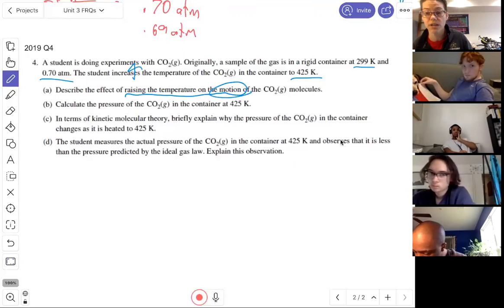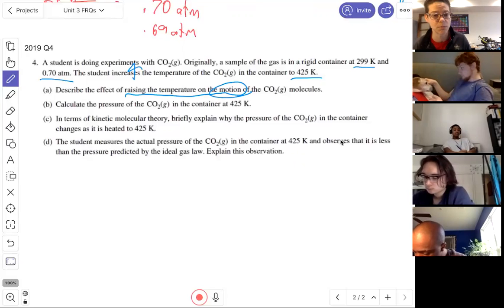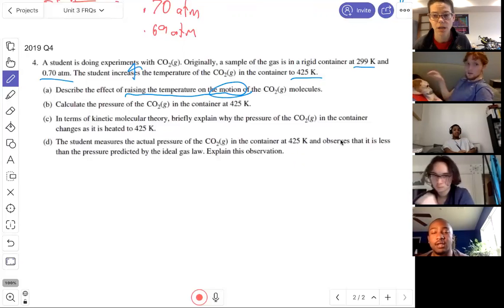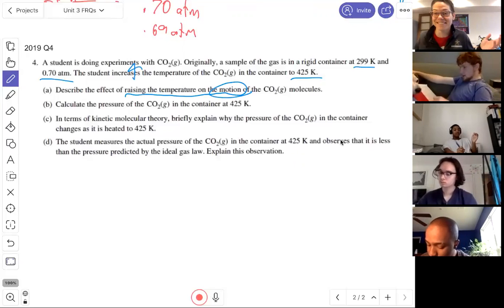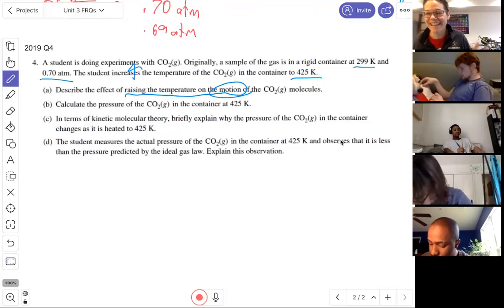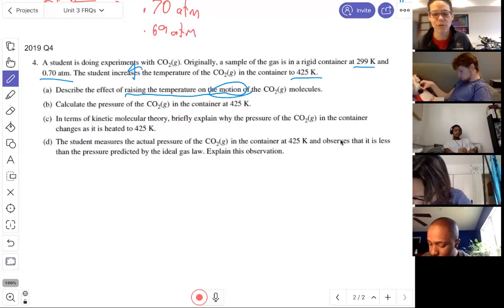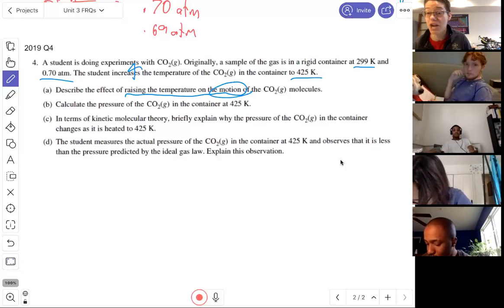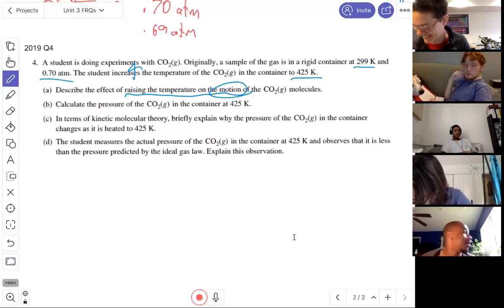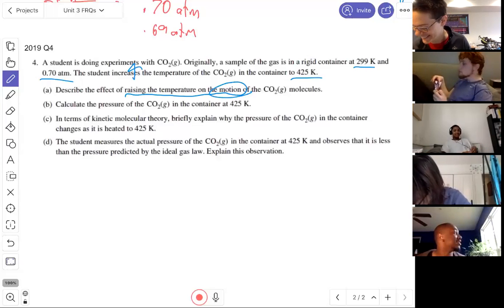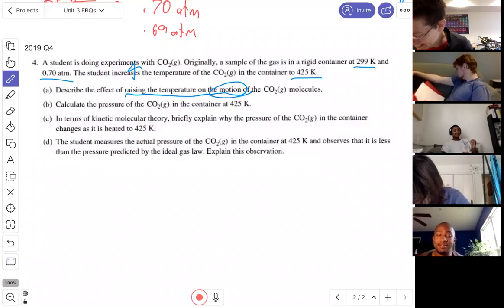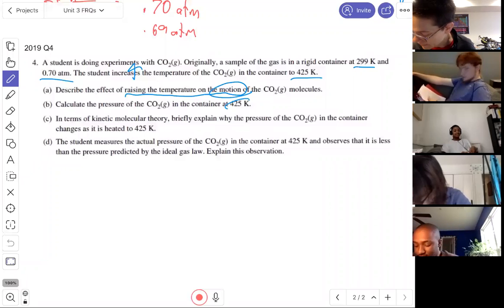That's straightforward and easy. What happens when you increase the temperature? They go faster. They increase the speed, they go faster, anything like that. No complete sentence is needed. Molecules go fast. That'll be it. Then it says calculate the pressure at 425 K.